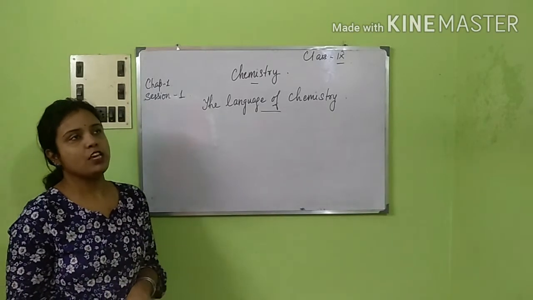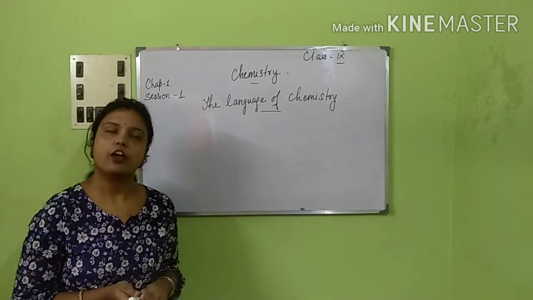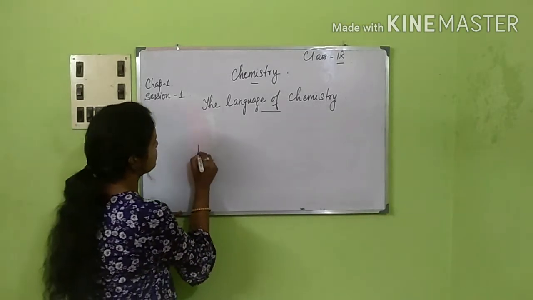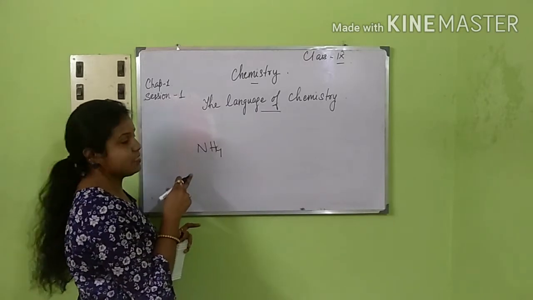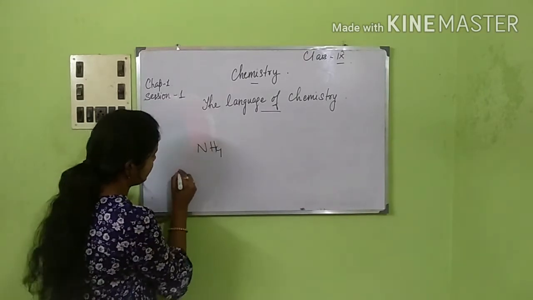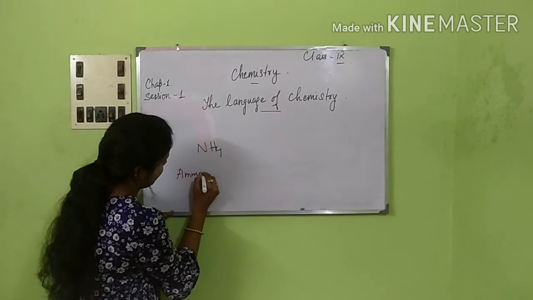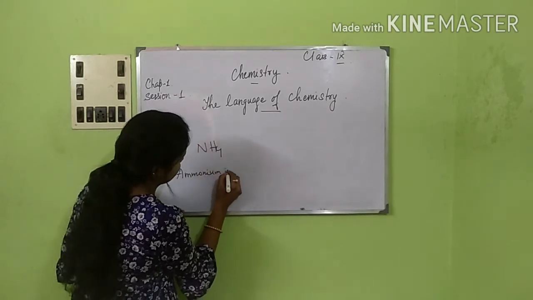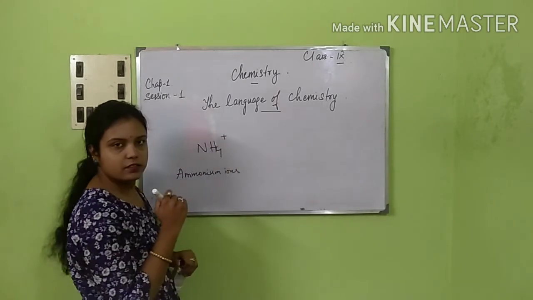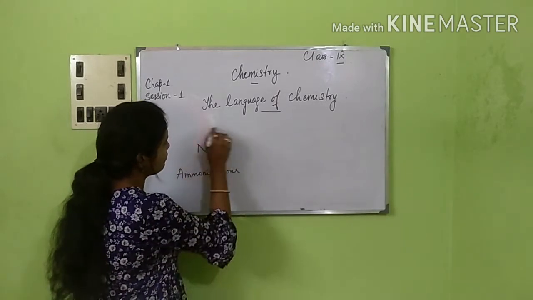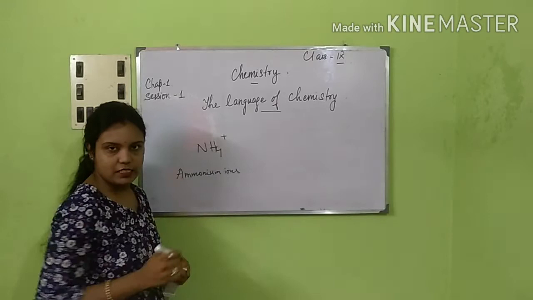Now you might ask, what does a group of atoms mean? Suppose NH4, this is not ammonia, it is ammonium ion, so NH4 plus. This is a particular radical which shows a positive valency.